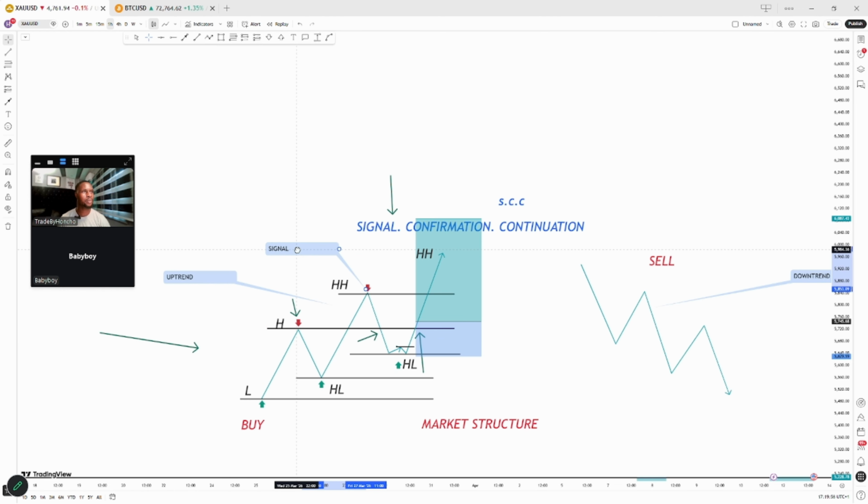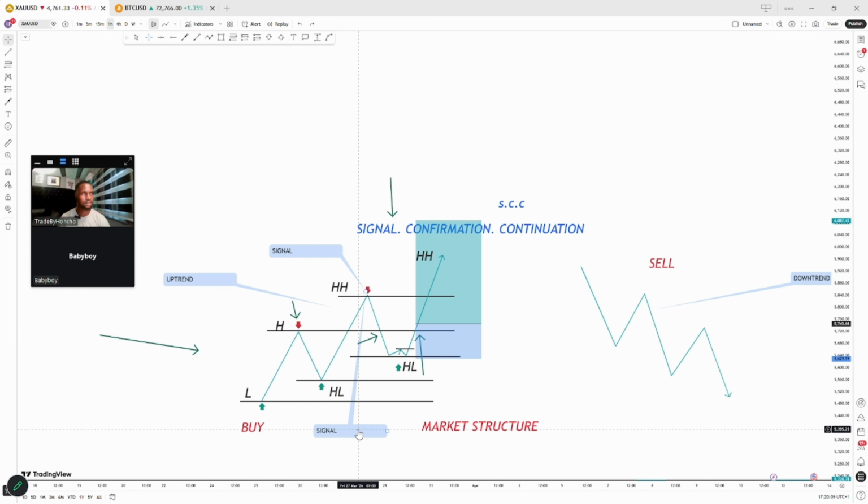From this signal we had right here, we want to have a confirmation. Okay, let's see if we can have that correctly. What happened right here, what happened right there, is a confirmation that the buyers were able to hold price.